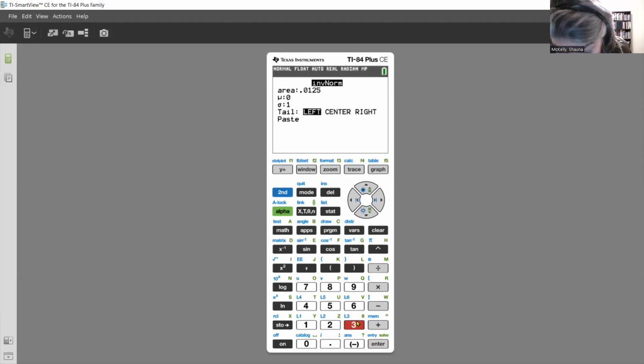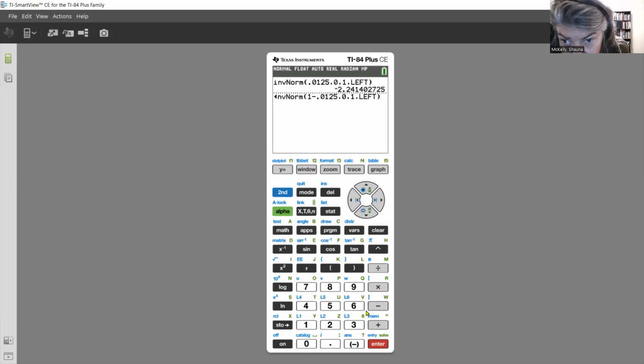This time I'm going to put in 1 minus 0.0125, and I use the minus, and again the left, enter. And I get the positive z value, 2.24, as you might expect, because the areas are the same. So one's positive, one's negative.